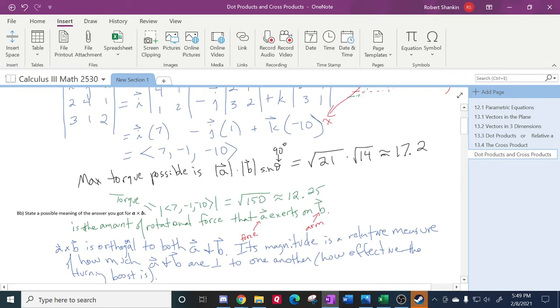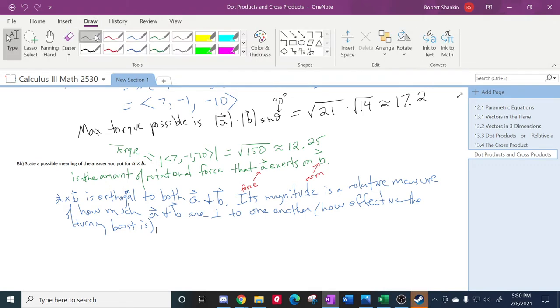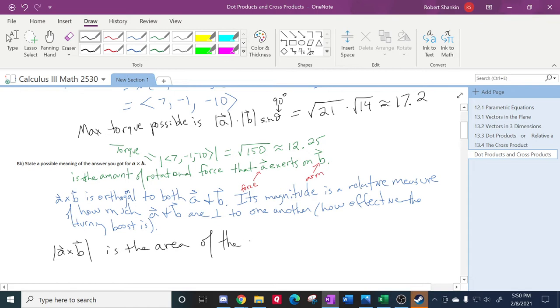Any other possible meanings besides these two? I think that you can also say that the magnitude of A crossed with B is the area of the parallelogram that those two vectors form. The magnitude of A cross B is the area of the parallelogram.